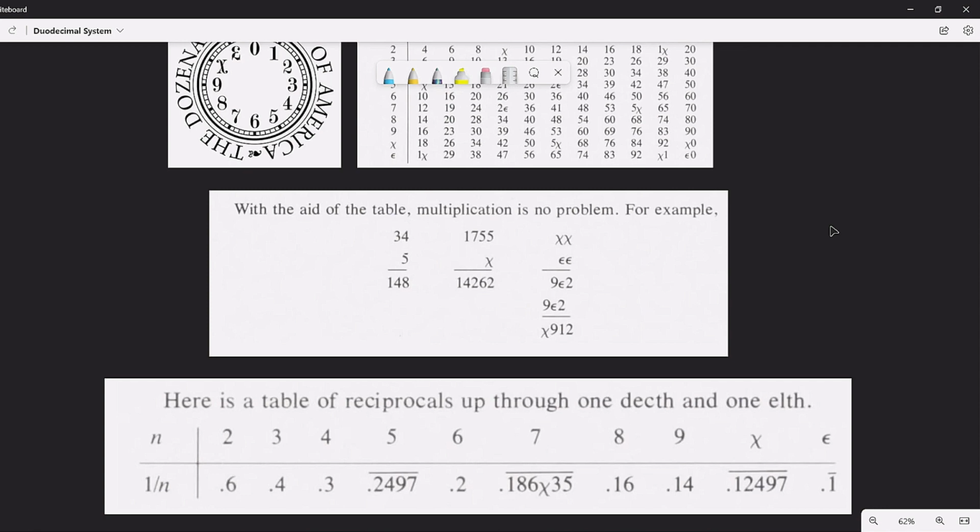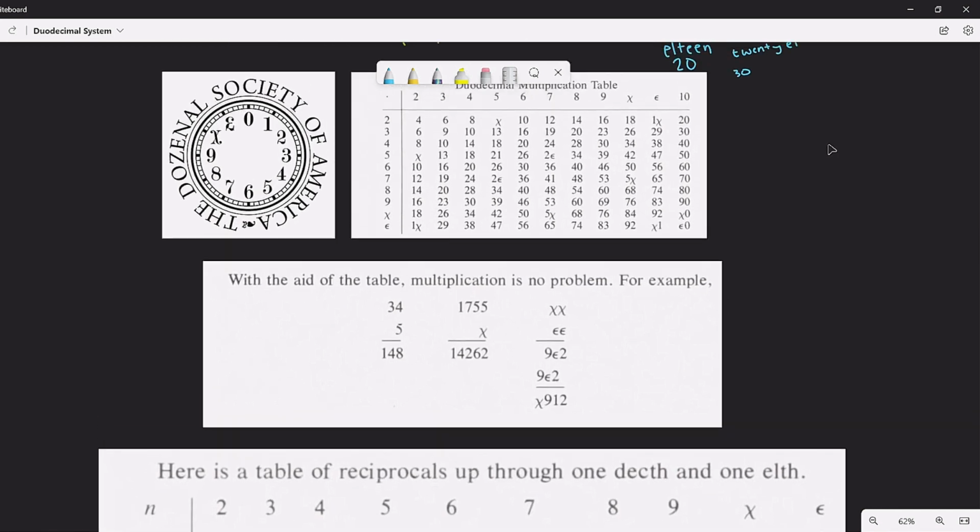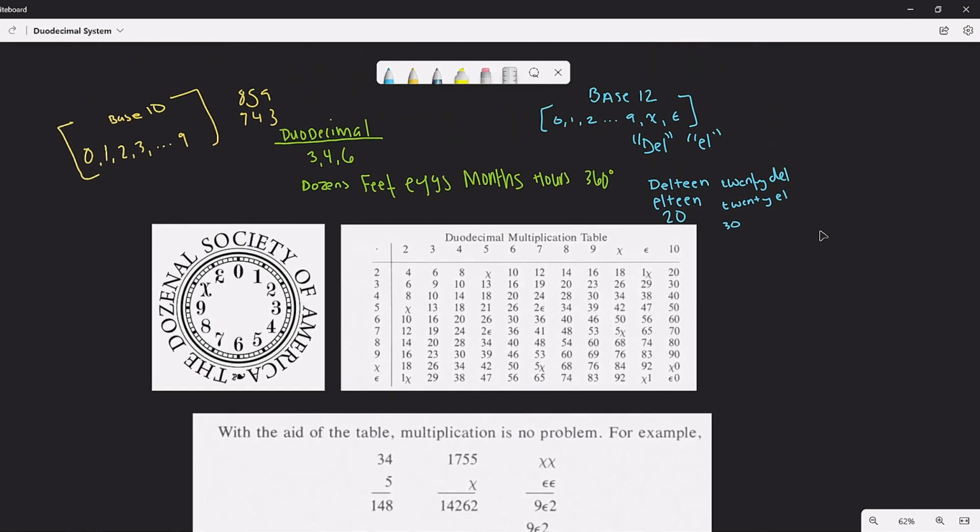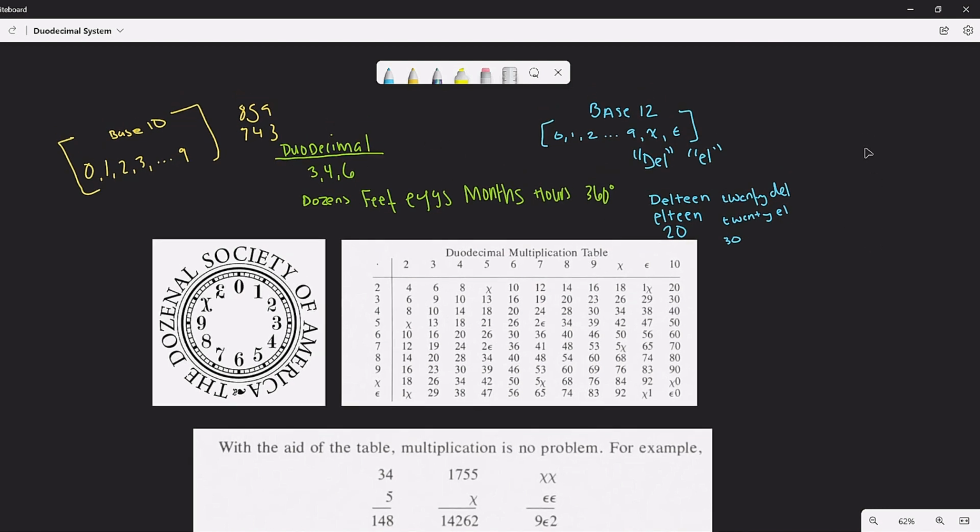And there will always be a subset of people that refuse to change, even if it's more efficient. And so that's the duodecimal system versus the decimal system. Also, the society is called the Duodecimal Society, and duodecimal means dozens. I'm not a huge fan of that name. I like duodecimal better. That is a great summary of it.